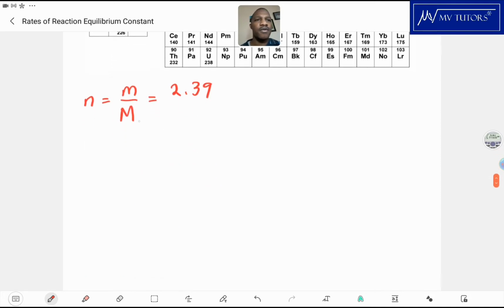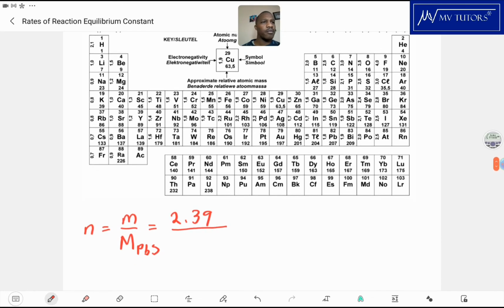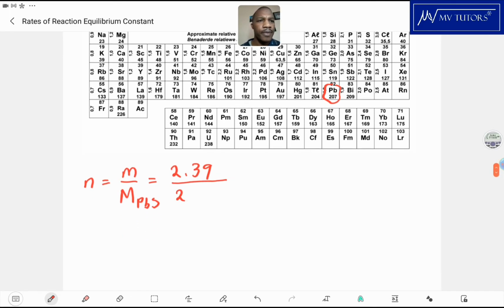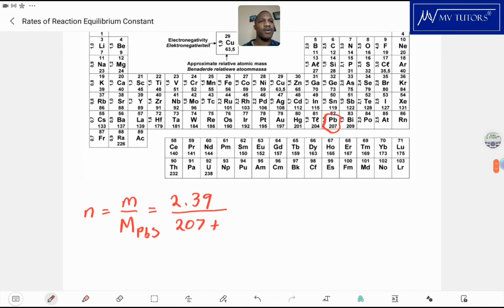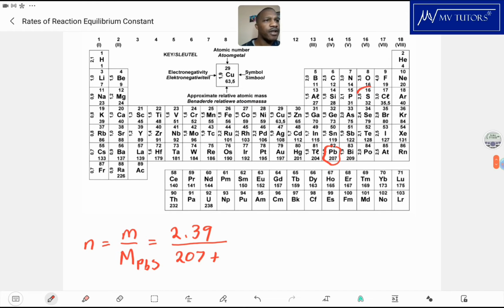Let me just put it there, PbS. For Pb, we go to our periodic table, we look for Pb, there it is, it's 207, plus for S, we go look for S. Where is S? Can you see S? Right over there. It's 32.